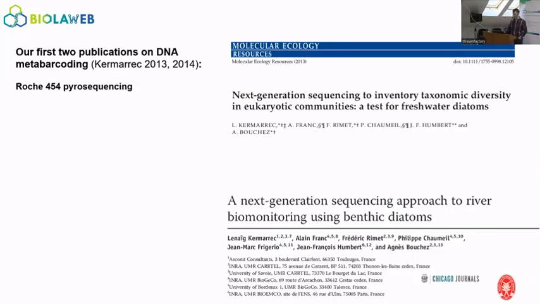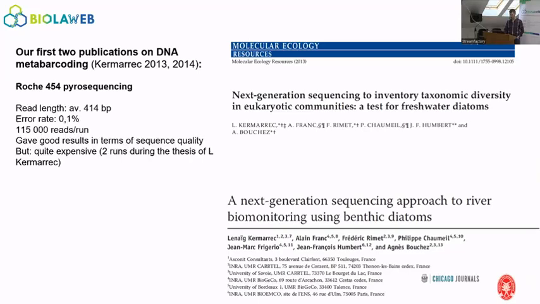So our first two publications with Lena Kermarek, our first PhD student, were carried out on Roche 454 pyrosequencing. These are the technical points that we had. The read length, you can see it's quite long: 414 base pairs.